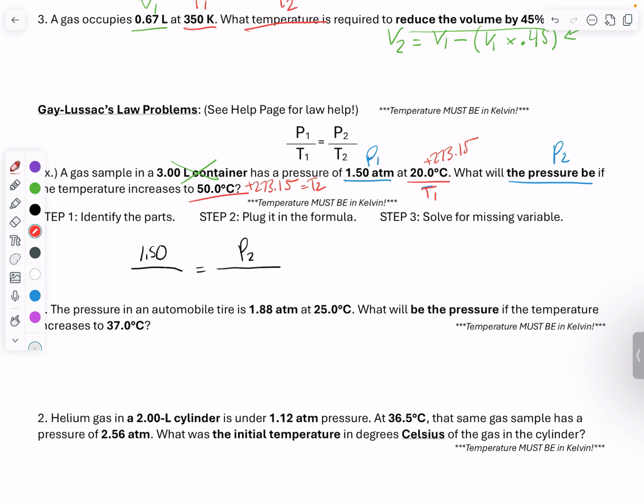Okay, so T1 is 20 plus 273, and you should know, oh, that's 293.15. Okay, so T2 is going to be 50 plus 273.15, well, that's going to be 323.15. Okay. So we got stuff in Kelvin, so we can go forward. Again, it's that whole cross multiply and divide by what's left over.